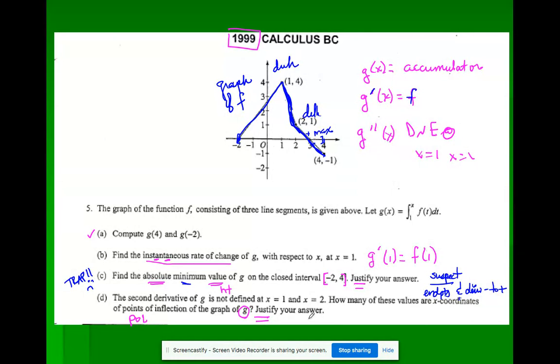But you need to look at the first derivative and know that concavity, point of inflection, is where the second derivative changes sign, but that's also where the first derivative changes direction.